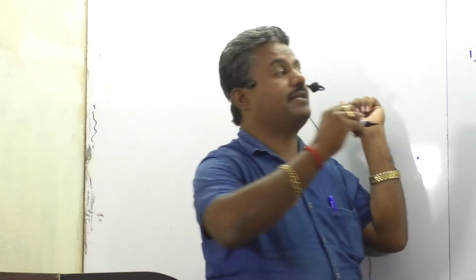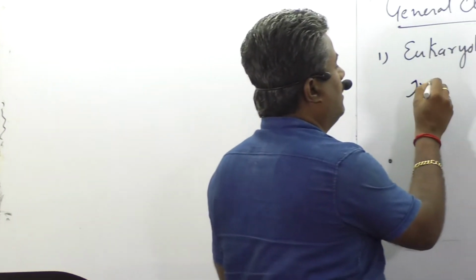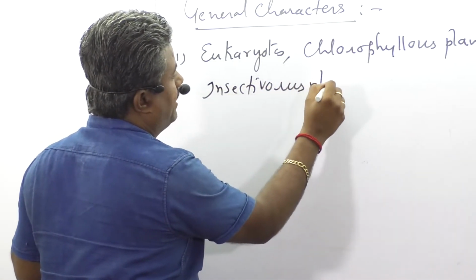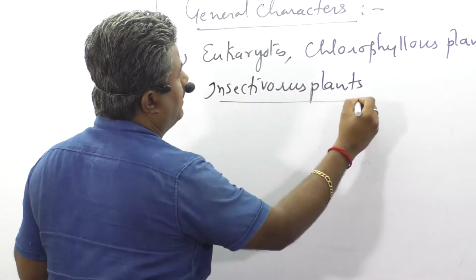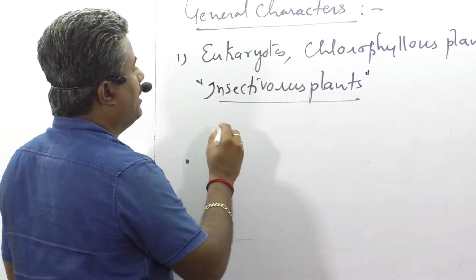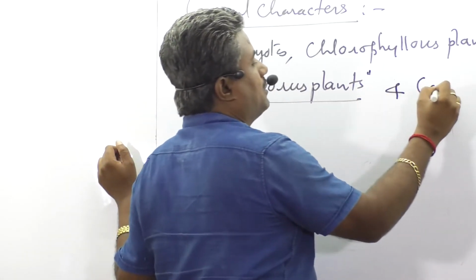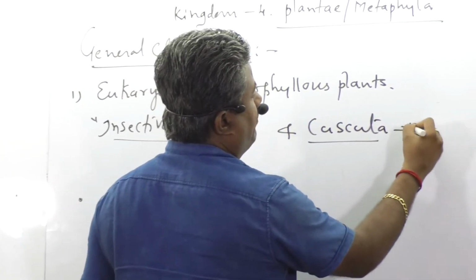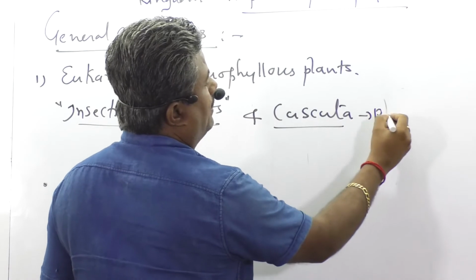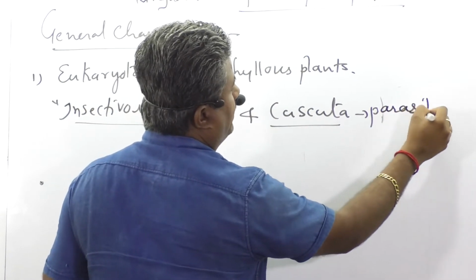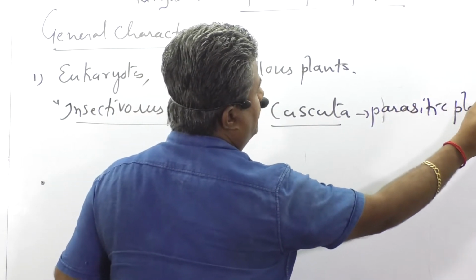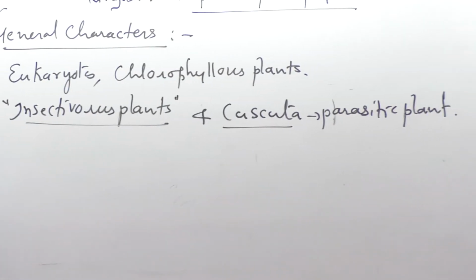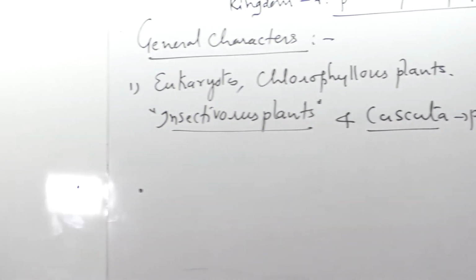So insectivorous plants are heterotrophic in nature, and also Cuscuta. This is a parasitic plant. It gets food from a living host.